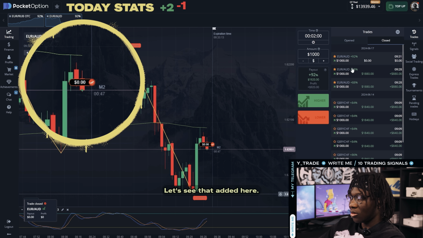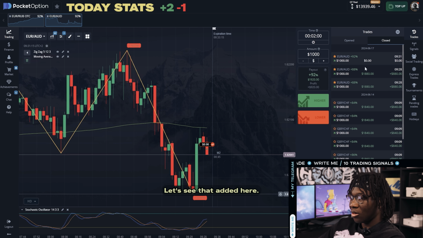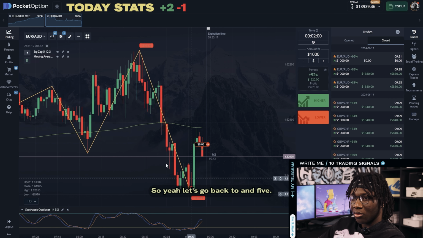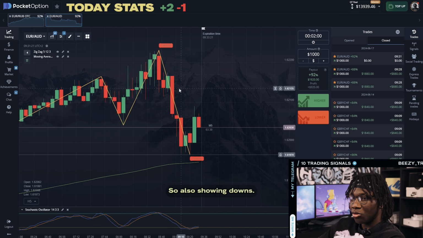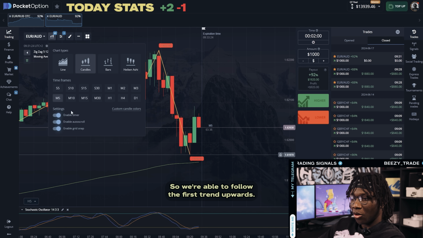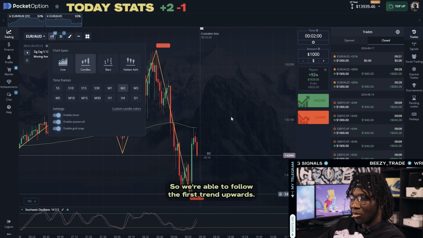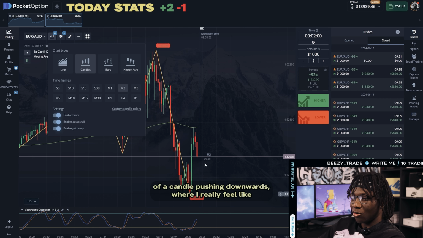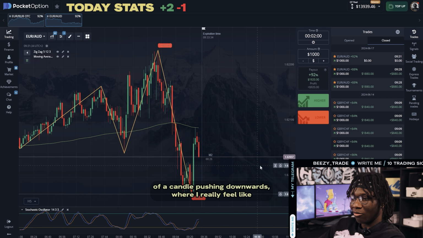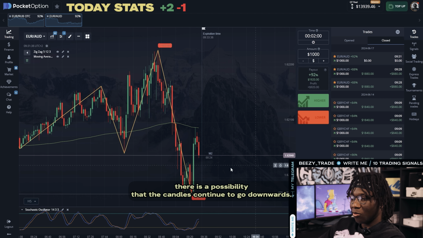1 trade, let's see that added here. So yeah, let's go back to our M5 and see. So also showing downwards. So we're able to follow the first trend upwards, but now I think this is just way too strong of a candle pushing downwards, where I really feel like there is a possibility that the candles continue to go downwards.